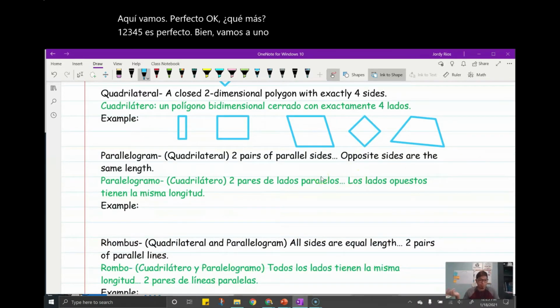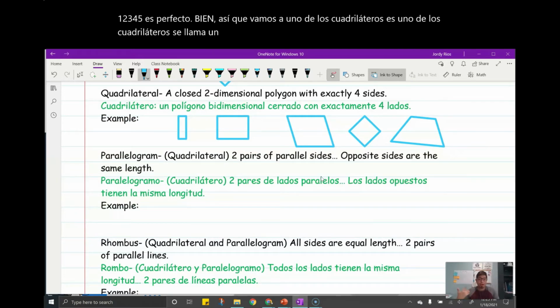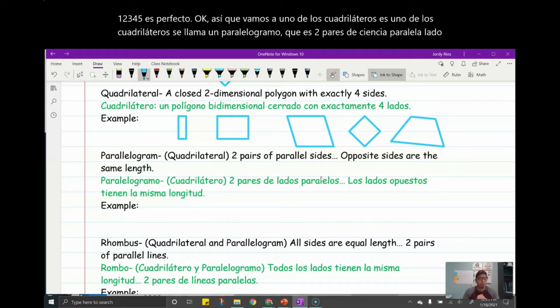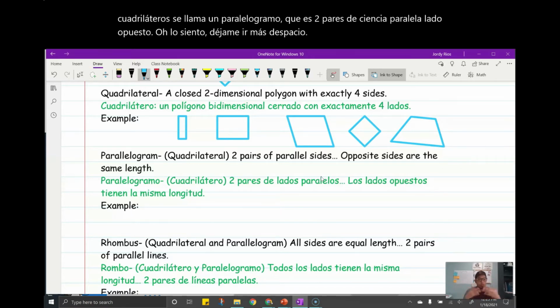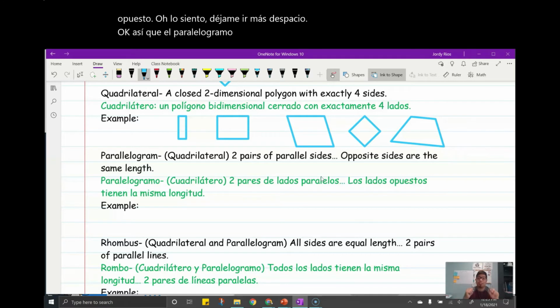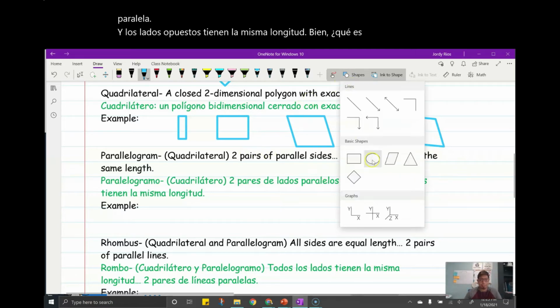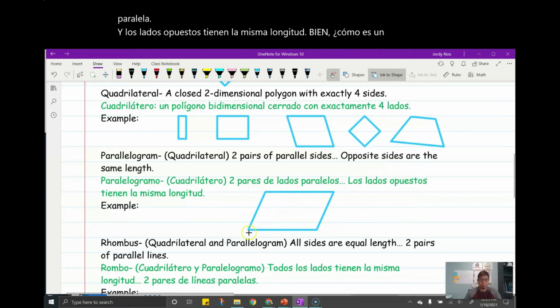One of the quadrilaterals is called a parallelogram. Let me slow down. A parallelogram is a quadrilateral that has 2 pairs of parallel sides, and opposite sides are the same length. So what does a parallelogram look like? It's this one.